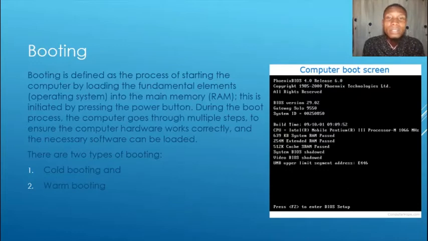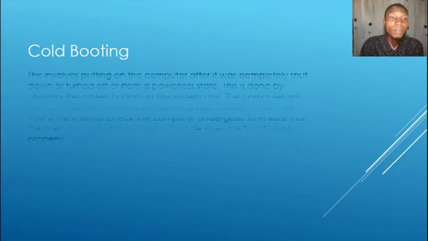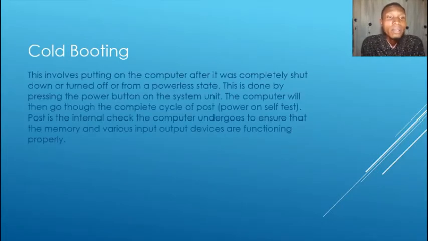So now let's go to the types of booting. Let's look at the first one, the cold booting. What's cold booting? This involves putting on the computer after it was completely shut down or turned off from a powerless state. This is done by pressing the power button on the system unit. So let's look at this again.